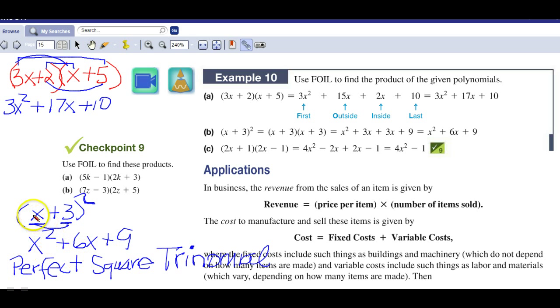This, which is a result of squaring a binomial, is called a perfect square trinomial. And you might say, why is that significant? Because later, if you can recognize this, this will factor into a binomial square. So, leading up to things we're going to be doing a little later.